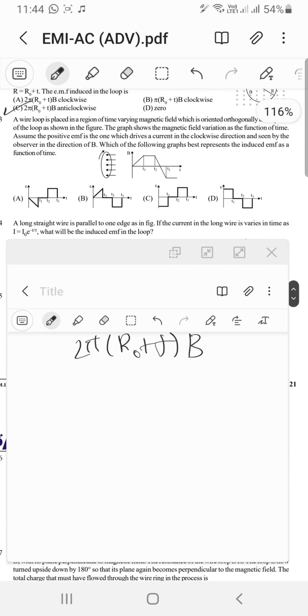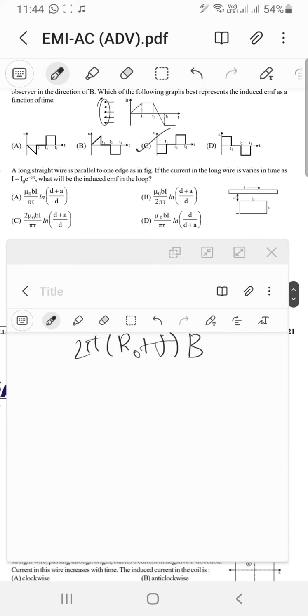Isn't that right? Yeah. So first it will be negative, and it will be a constant value. Okay. After that, the magnetic field suddenly doesn't change, so that means no EMF is induced. Okay, and then it starts to drop, so it has to be this one.